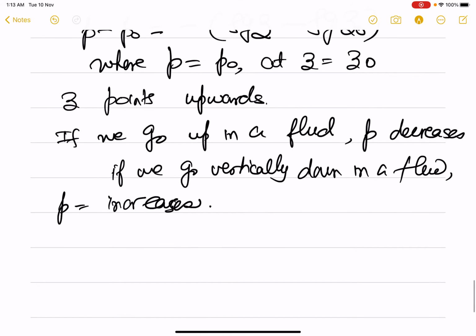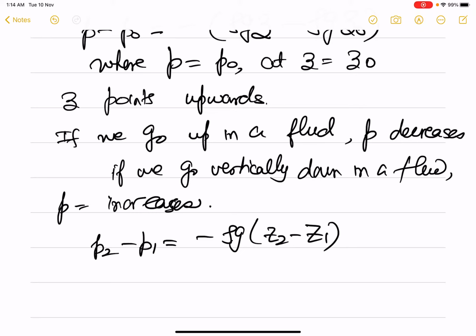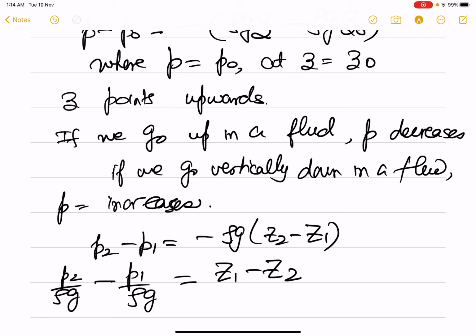Now we can write P2 minus P1 is equal to minus rho g times z2 minus z1. And if we divide everything by rho g, what we get is P2 by rho g minus P1 by rho g is equal to z1 minus z2.